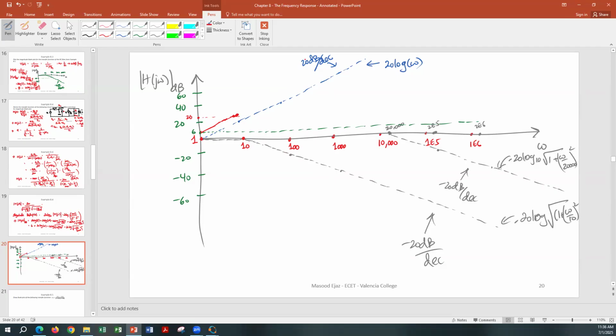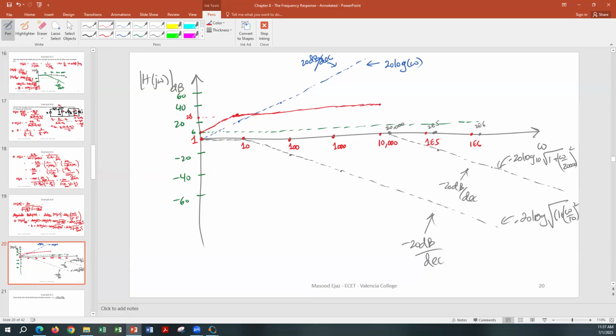This slope, 20 decibel, and this slope, negative 20 decibel, cancel each other. So this value is just going to stay at 26, and that's not going to change until it hits 20,000.